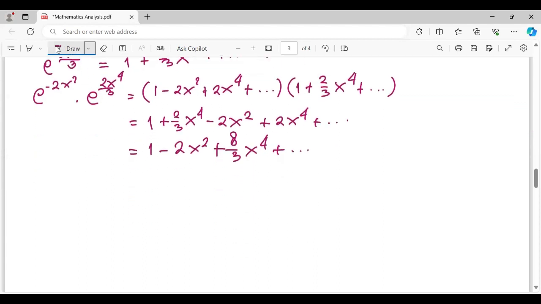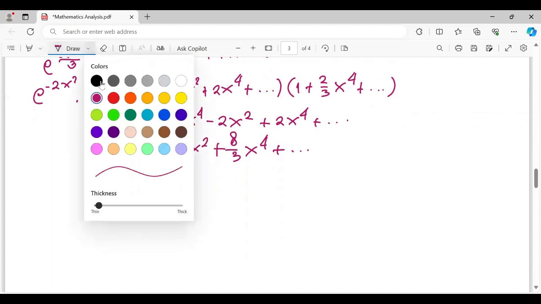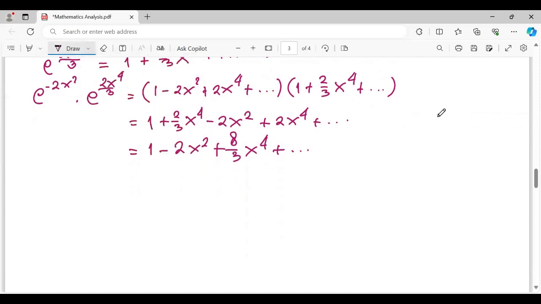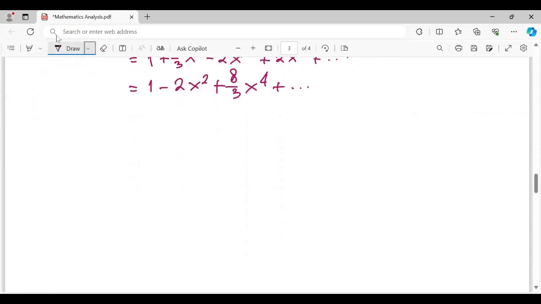The third, the Maclaurin series as well of f(x) equals e to the power cosine 2x.